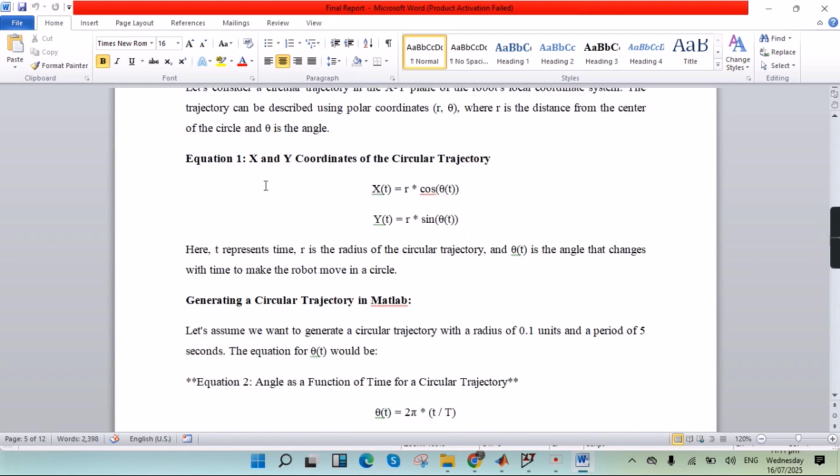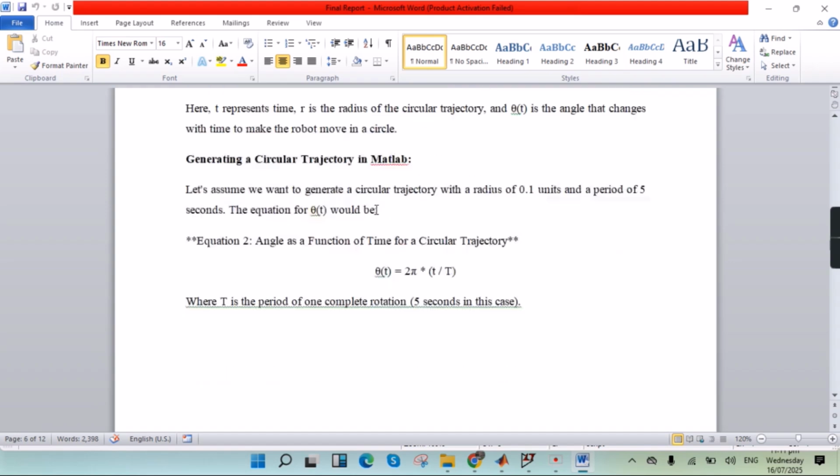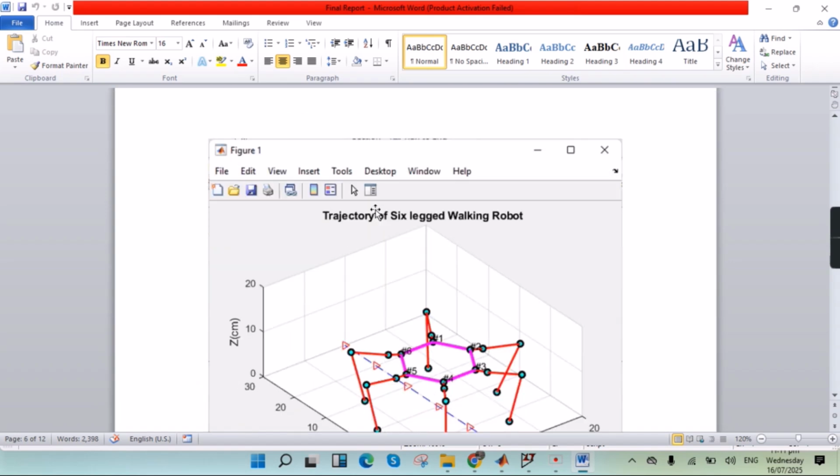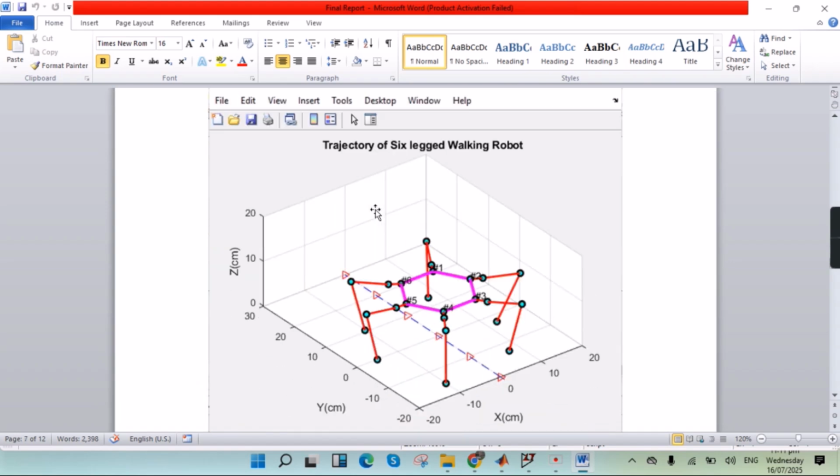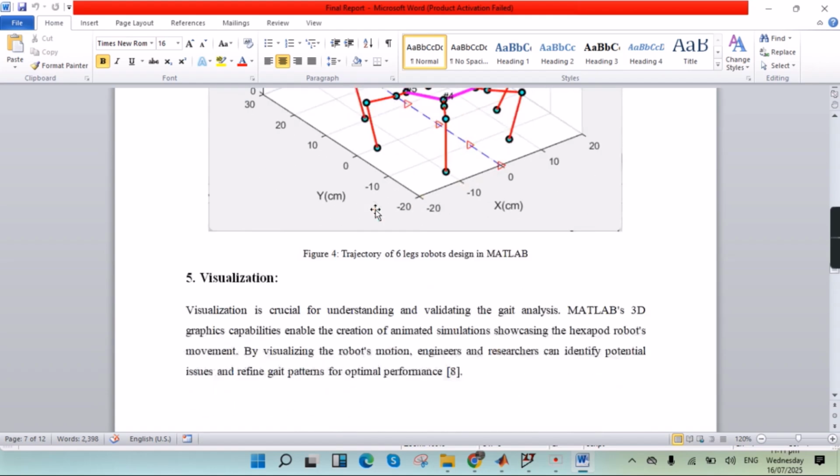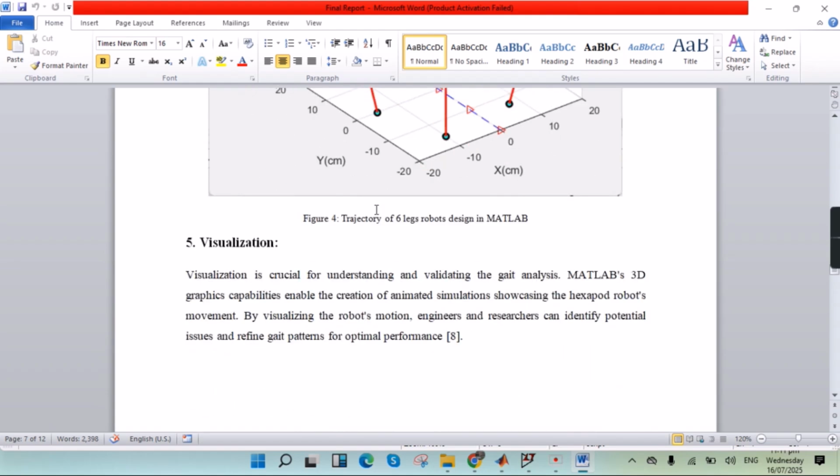Trajectory generation is based on these equations in MATLAB, and the walking of the six-legged walking robot trajectory is according to the Hexapod report.